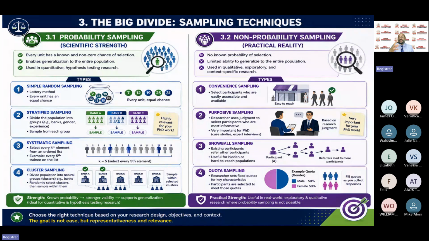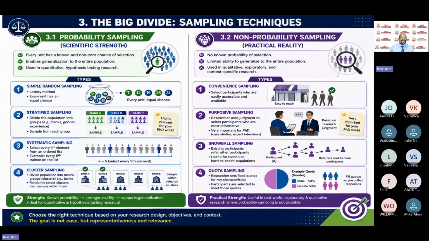Basically we use this more in quantitative hypothesis testing research. So make sure all of you use scientific strength-based sampling, that is probabilistic sampling, because you are doing a quantitative study with hypotheses.